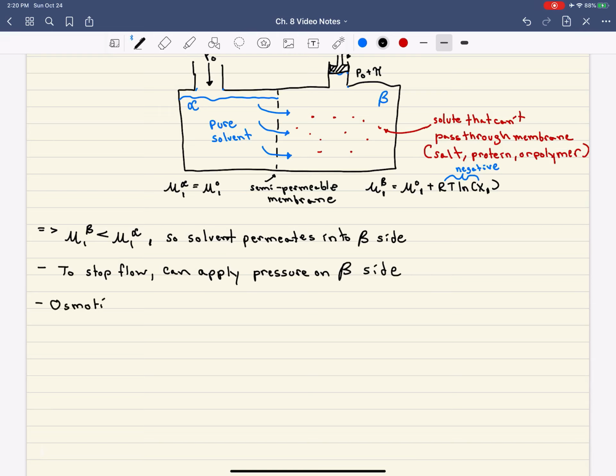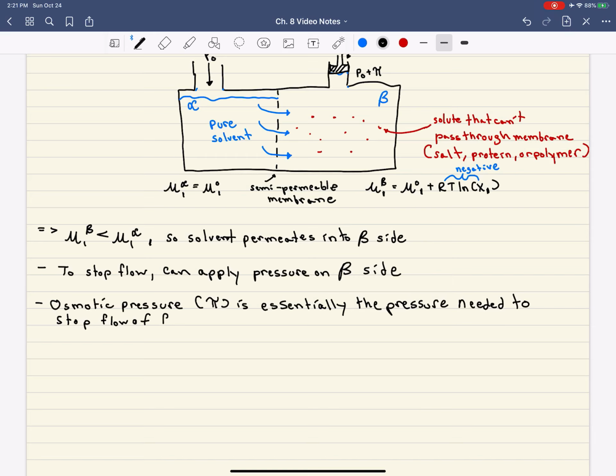And so osmotic pressure, which we abbreviate as pi, is essentially the pressure needed to stop flow of solvent. Okay?